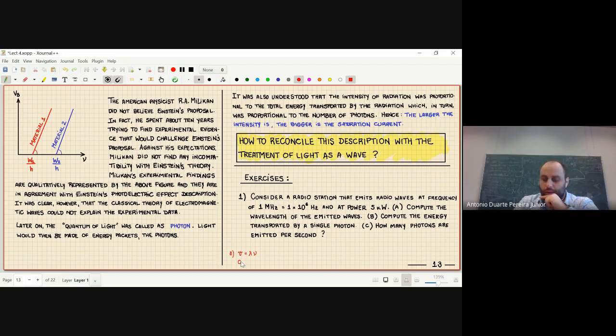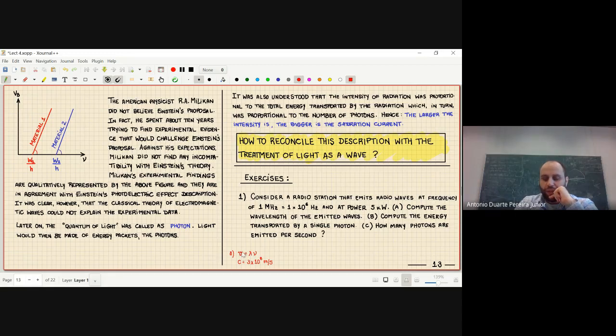And the frequency, and C, we know what is the value of C. C is 3 times 10 to the 8 meters per second. And also, we want to discover lambda, which is the wavelength.